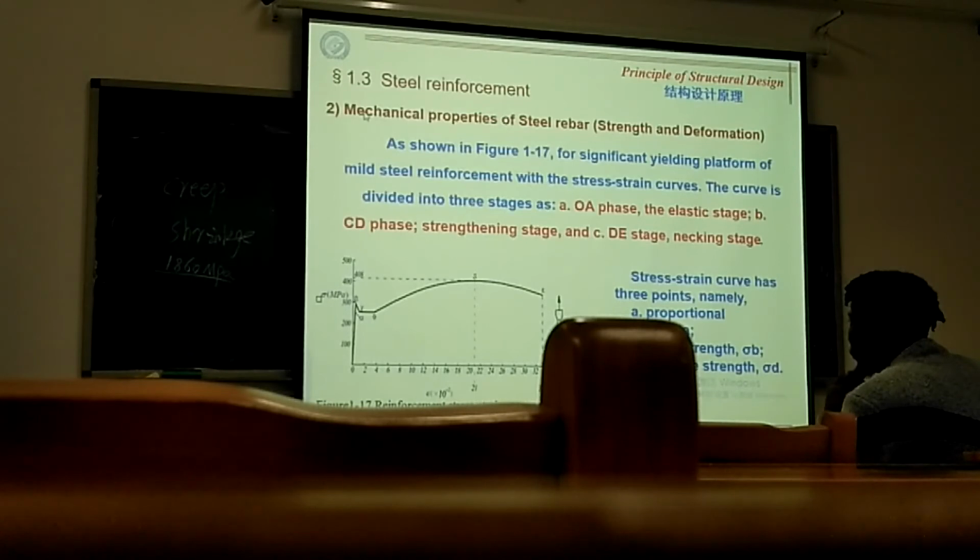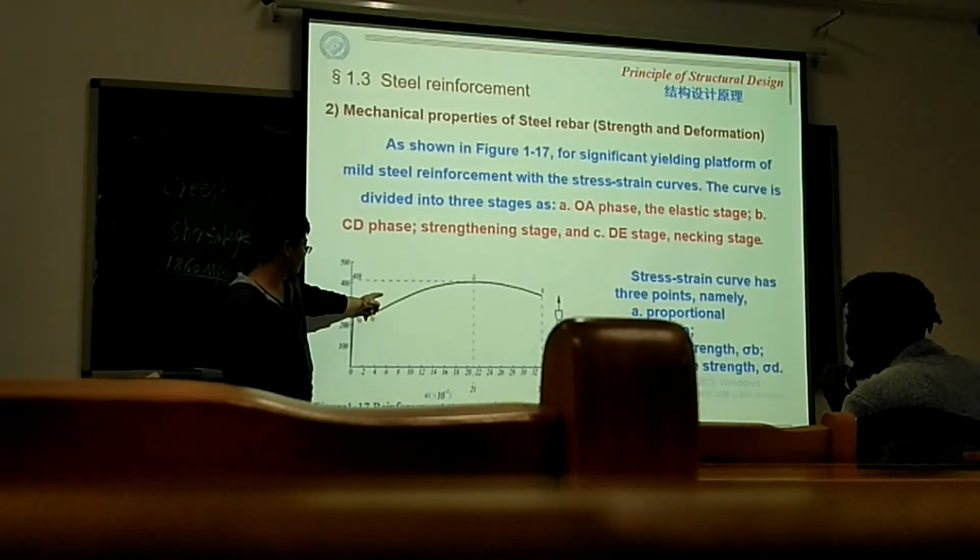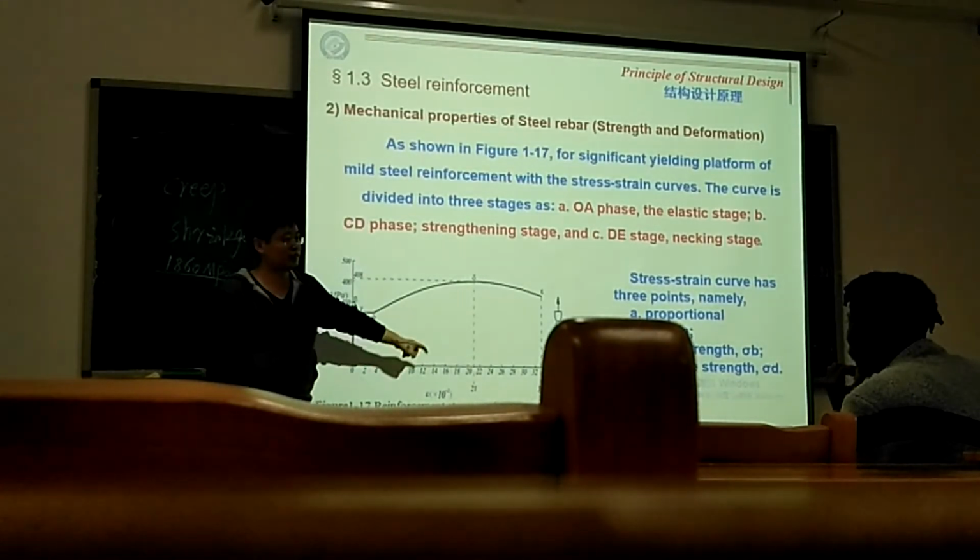And the mechanical property of steel bar actually means the stress and the strain is close, just like the concrete actually. But we know for the concrete, the stress and strain curve goes like this, goes up here and increases like this.